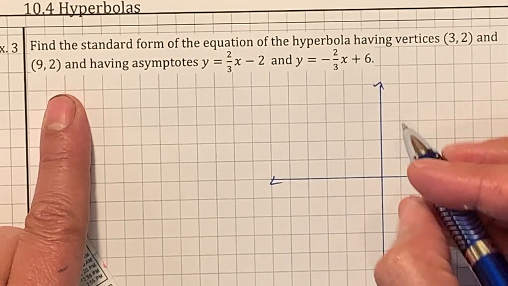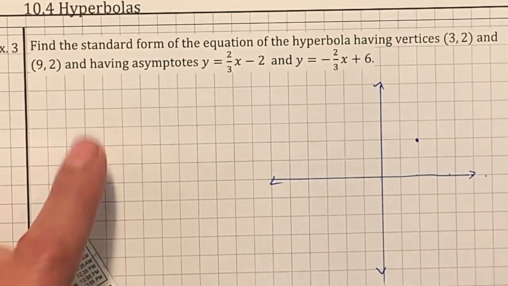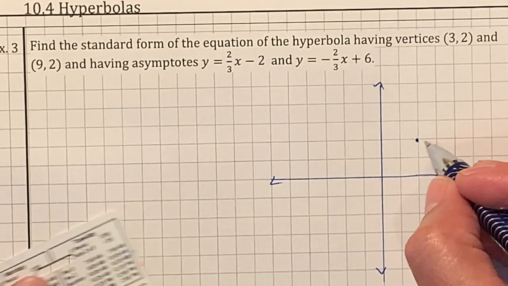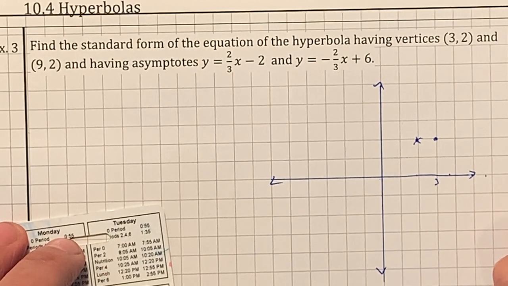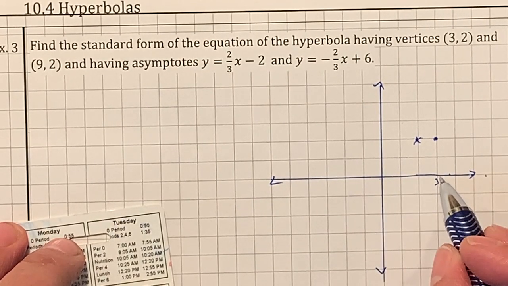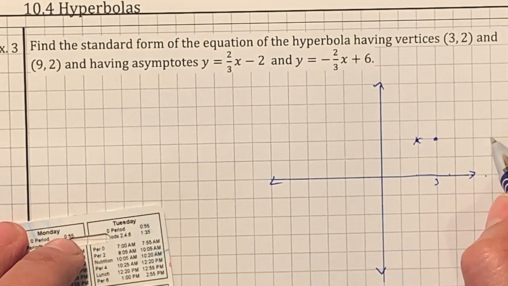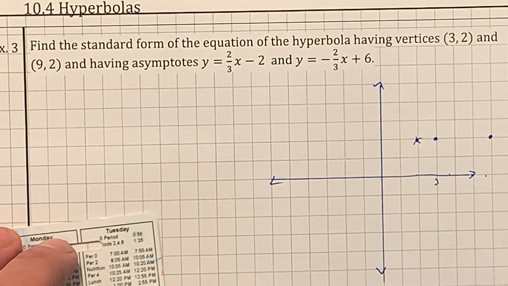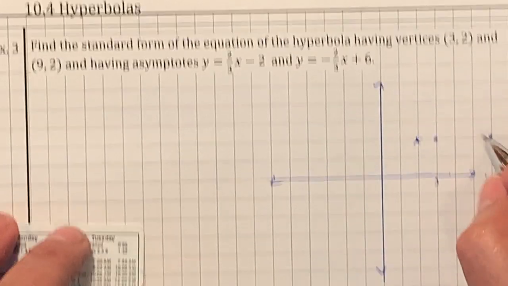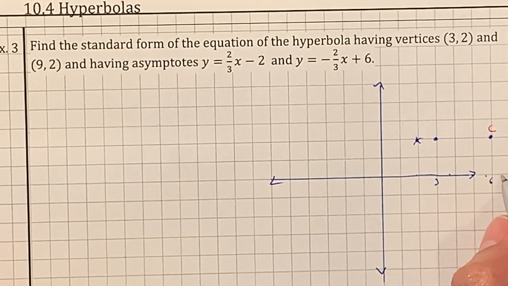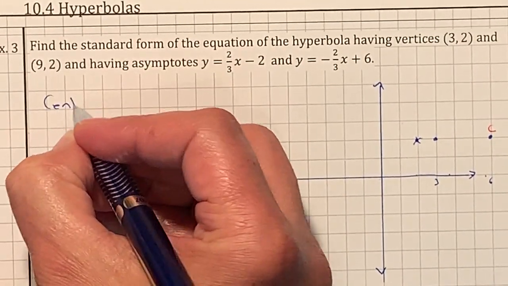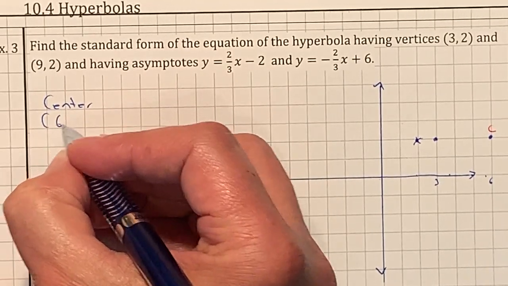This is 3 and 2, and this is 9. So therefore the midpoint between 3 and 9 will be 6. So that'll be my center. My center will be at 6 and 2.